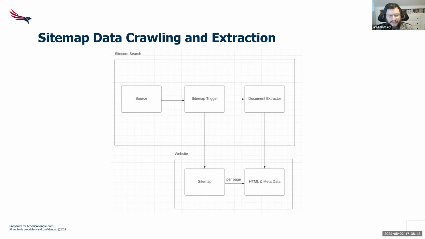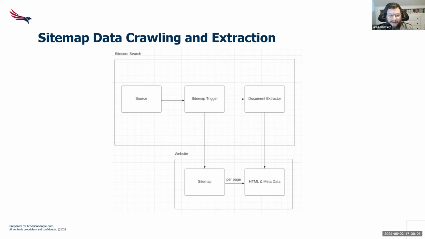And then your source has a trigger. Your trigger could be many different types of triggers, but in this example, we're using a sitemap trigger. A sitemap trigger is just saying, what do we want to index? What are we looking at? We also have a document extractor, which runs after the trigger looks at your sitemap.